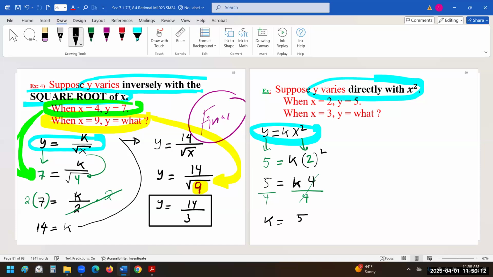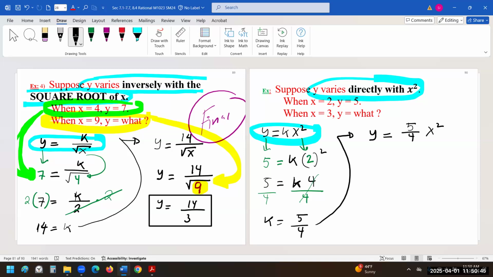We get k is 5/4. Miley, what do you do from there? Good. So we have 5/4 times x squared. So we rewrote the equation.